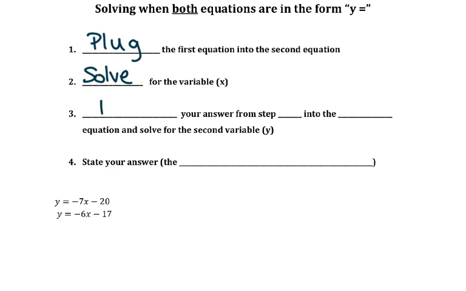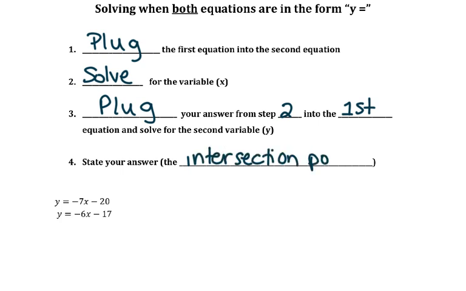Then we're going to plug your answer from step 2 into the first equation, and then solve for the second variable, which is going to be y. After that, make sure that you state your answer. It's going to be the intersection point. So just as a reminder, when you do finally solve for both x and y, you do want to write it as an intersection point, x comma y, and then that's what you box.